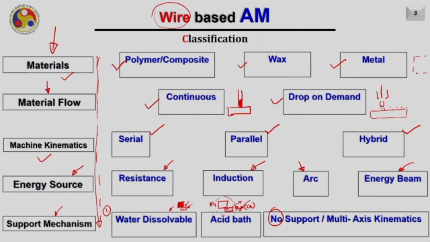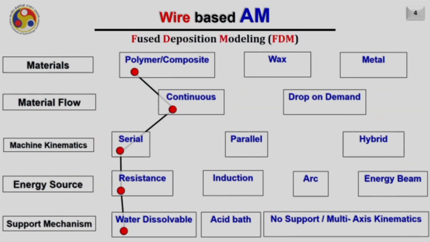So, let me now consider the case when the material is polymer or composite and the material flows continuously out of the nozzle. The machine tool kinematics is the serial kinematics. Serial kinematic means the links are connected one over another like this. So, this is an example of serial kinematics. Then the energy source is resistance heating.